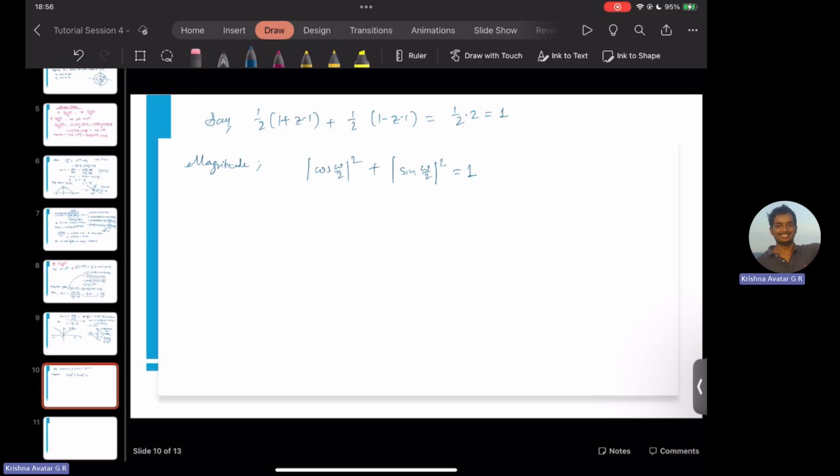This property in general is called magnitude complementarity, and this is known as power complementarity.